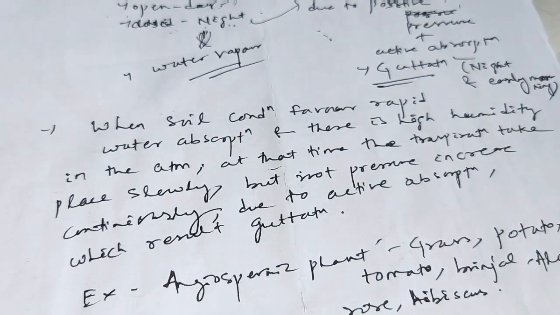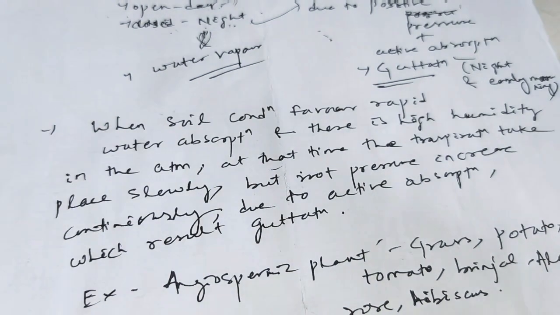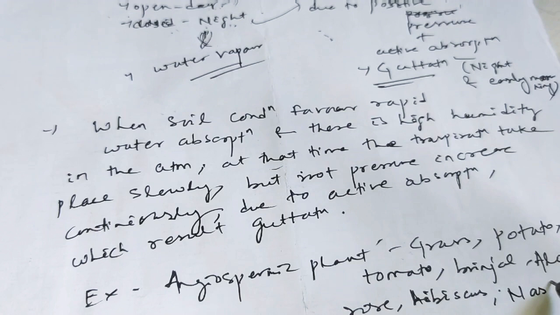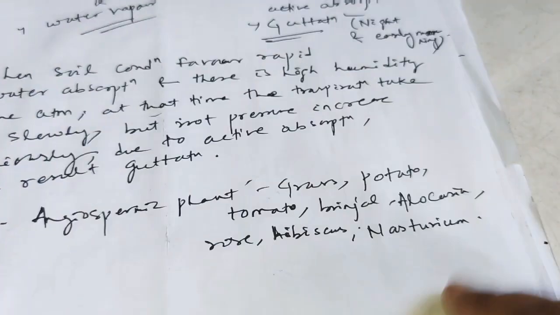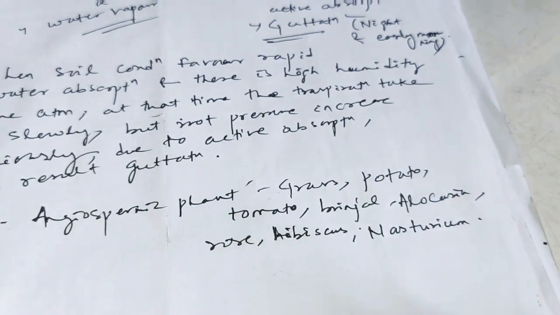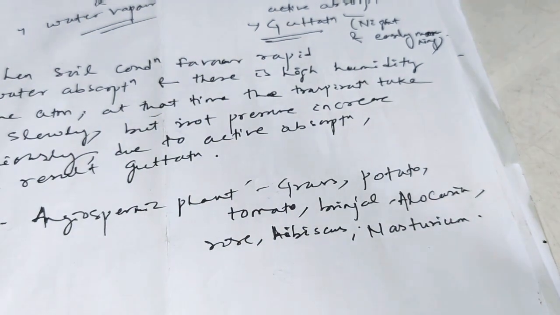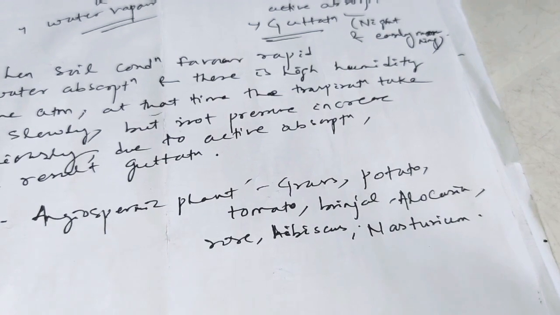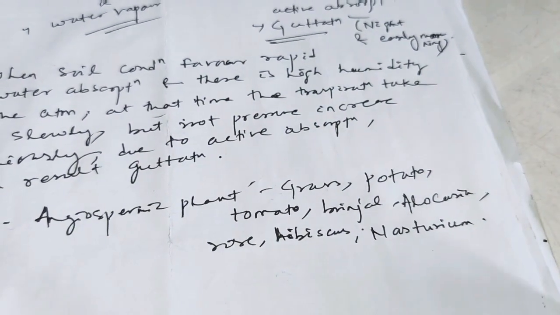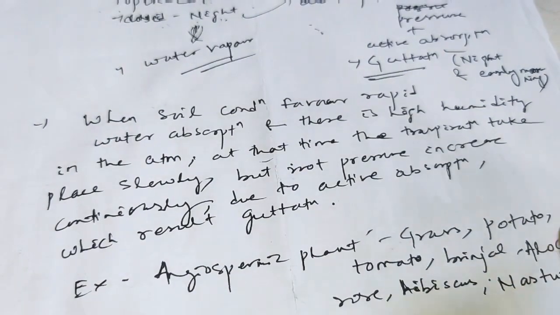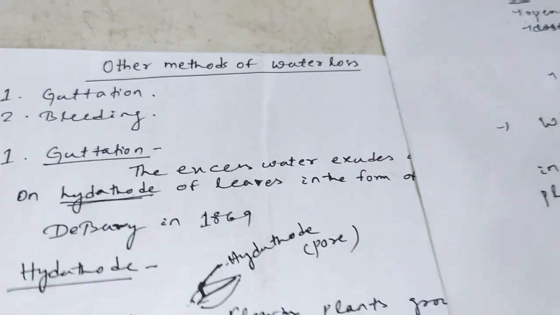Such types of herbaceous plants, and also nasturtium, show guttation. Mostly, and some non-angiospermic plants also show the guttation process. Okay, so this is about the guttation process, our first process.